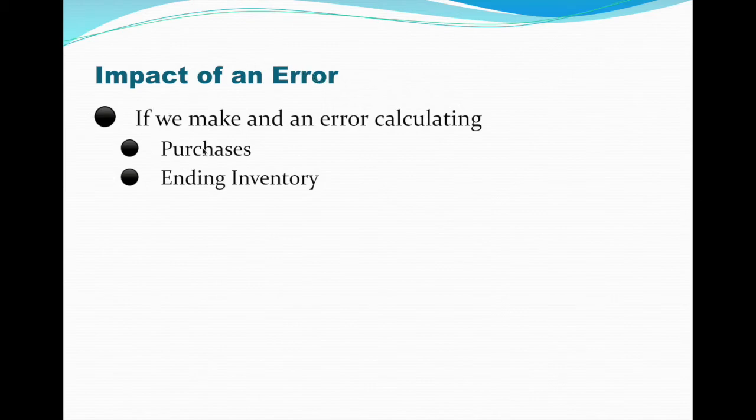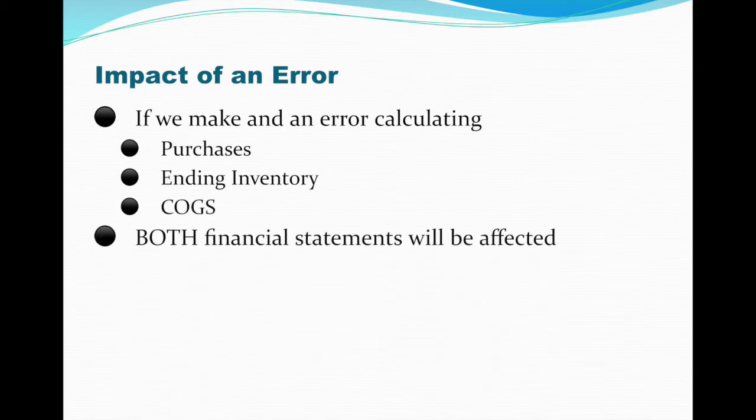It can come from purchases, it can come from the ending inventory of either the previous period or the period that we're currently working in. It can also affect costs of goods sold. And if you make an error in any of these, both financial statements will be affected regardless of which of these sections is affected.